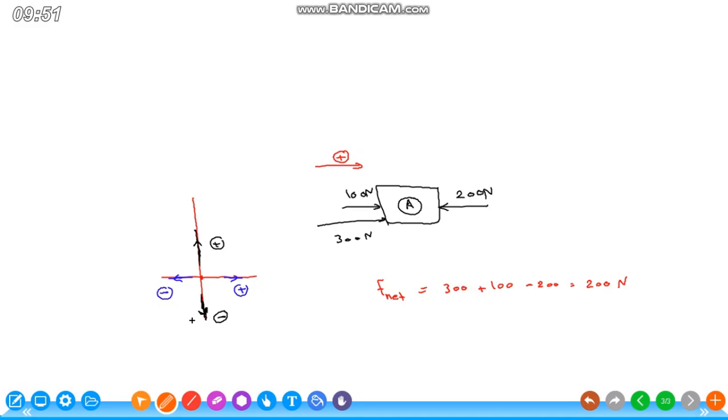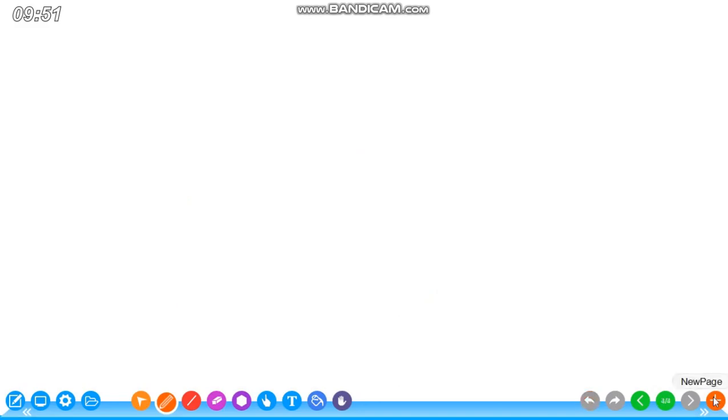Okay, if you have vectors like this is vector F1 and this is vector called F2. Calculate net force or resultant force. How to calculate resultant force?